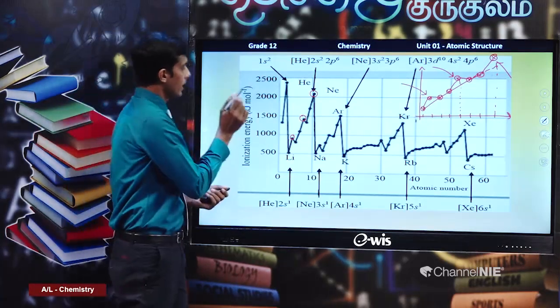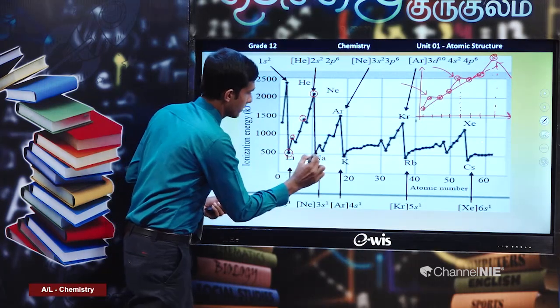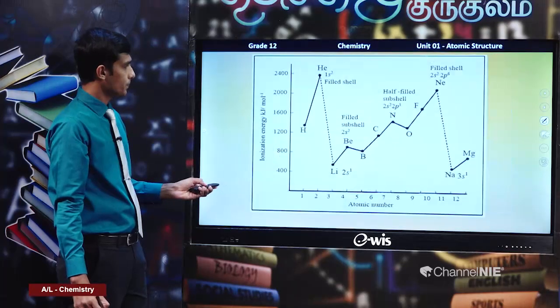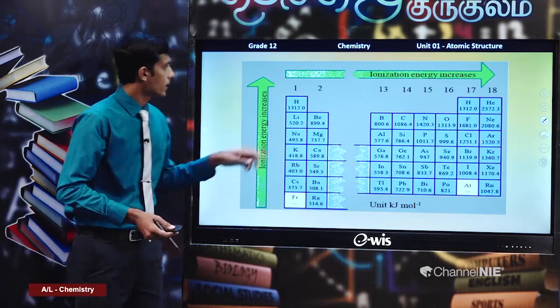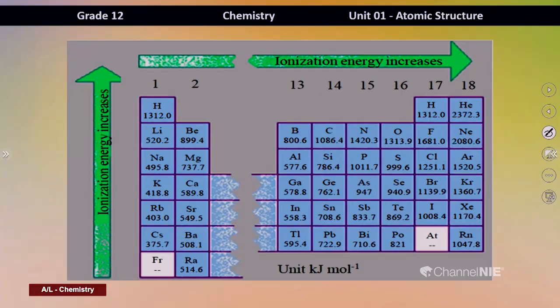If you look at the elements in group 1, for example, lithium, then sodium, potassium, rubidium, cesium, you can see that on moving down the group, ionization energy decreases. If you analyze the values, you can understand this further. Across a period, it increases.